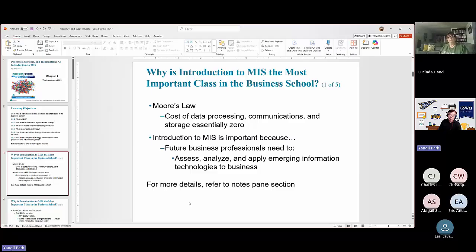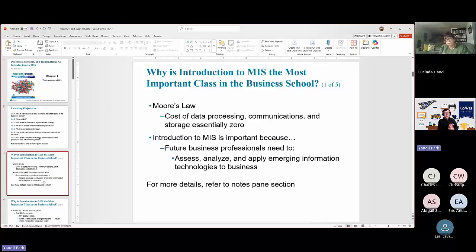Of course, we need to align with those strategic advantages, but other courses will do a better job of explaining what those strategic advantages are.